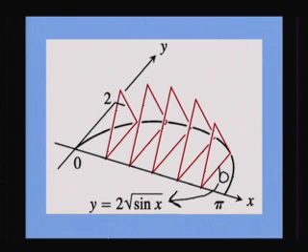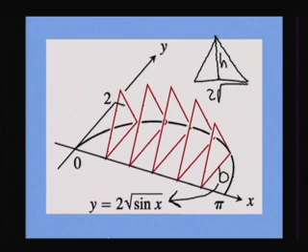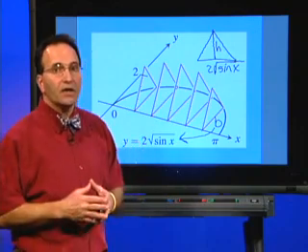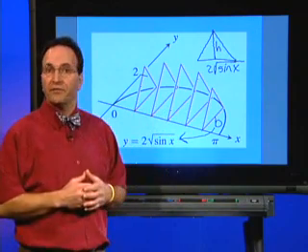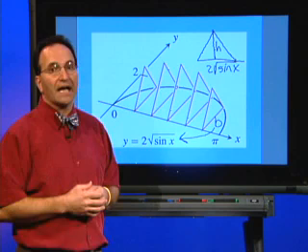These are equilateral triangles. So when you want to find the height, based on the full base being 2 times the square root of sine x, I will leave that up to you to figure out what the height is and then set up the integral. So pause the video while you work on this problem, and when you're finished, restart the video to check your solution.